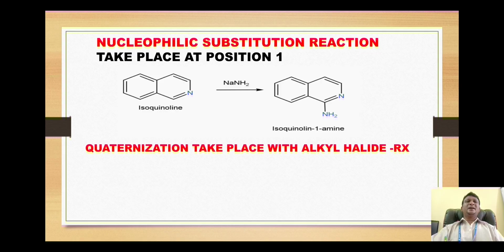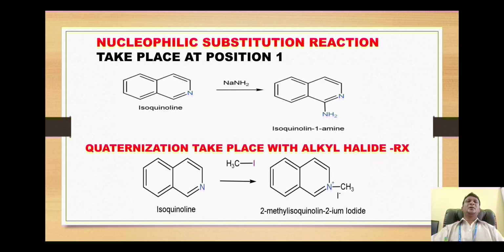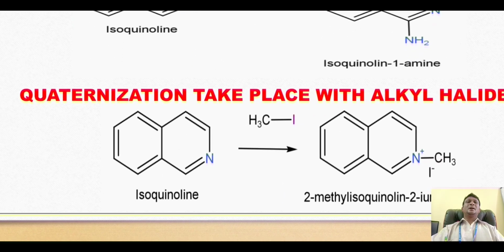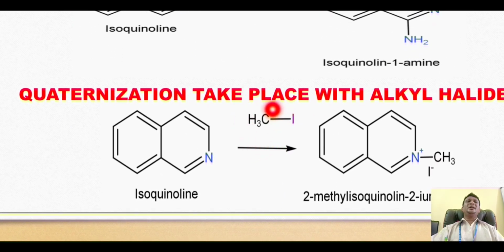The next reaction is the quaternization reaction, which takes place on treatment with alkyl halide. So when isoquinoline is reacted with alkyl halide like methyl iodide, this positively charged methyl cation attacks on the nitrogen and thus brings about its quaternization.